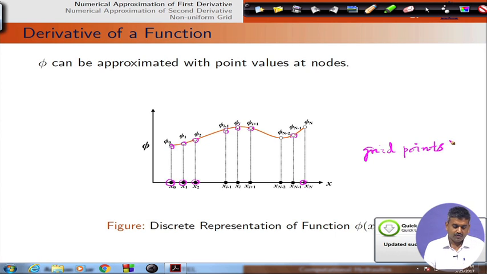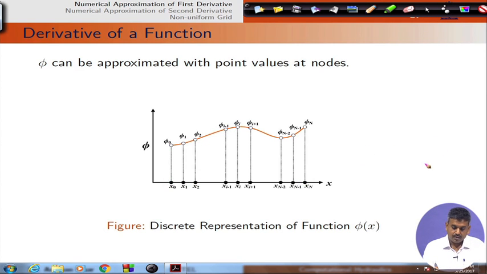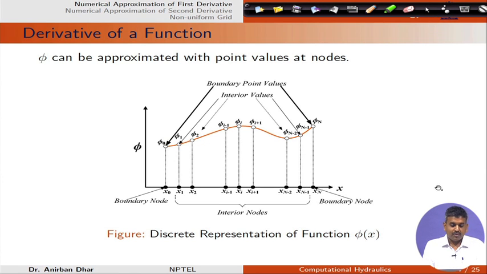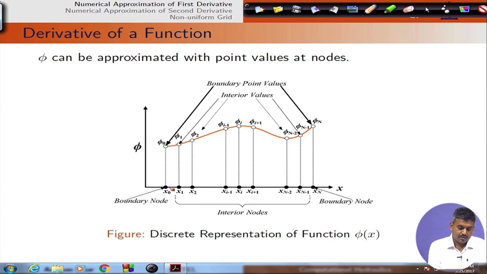So, in this one we represent the function with discrete points. This is the discrete representation of function phi. Phi can be approximated with nodal values. We have two boundary points in one dimension, and the rest are interior nodes and boundary nodes.